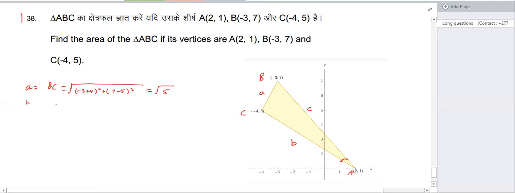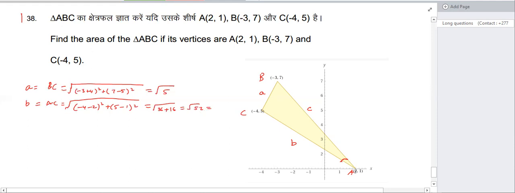For b, which is AC. AC is given by the square root of minus 4 minus 2 all squared plus 5 minus 1 all squared, which is equal to the square root of 36 plus 16, which is the square root of 52.